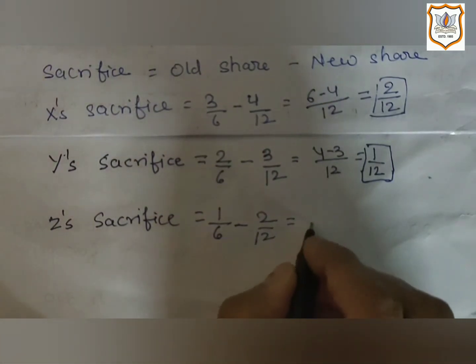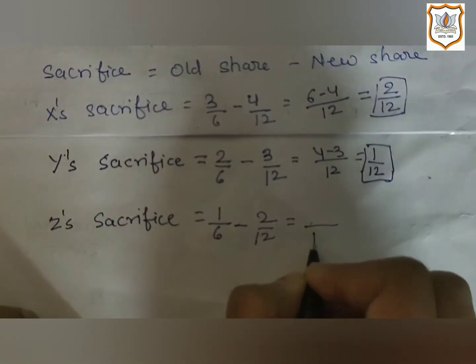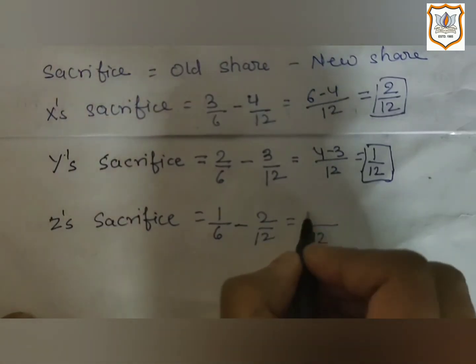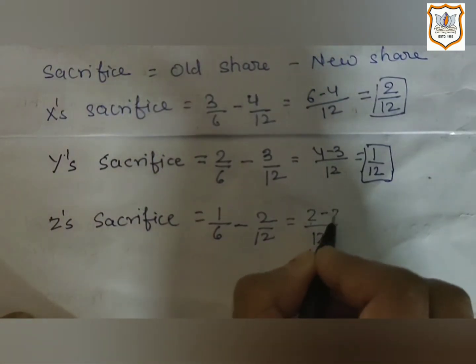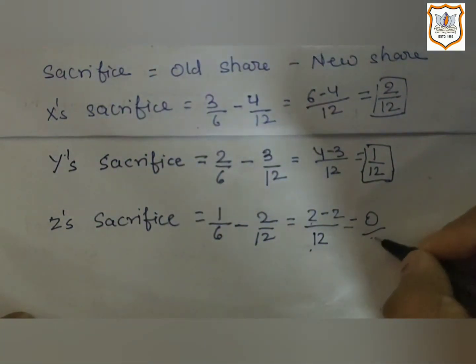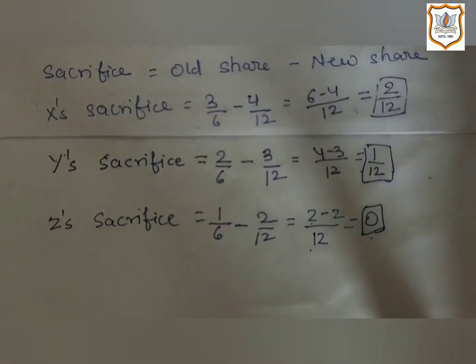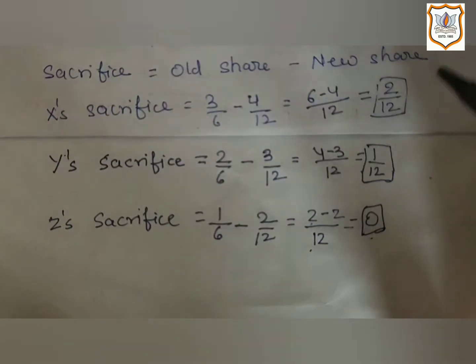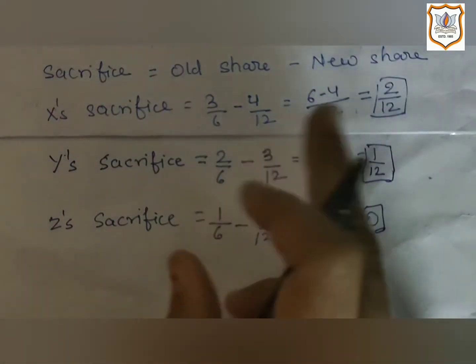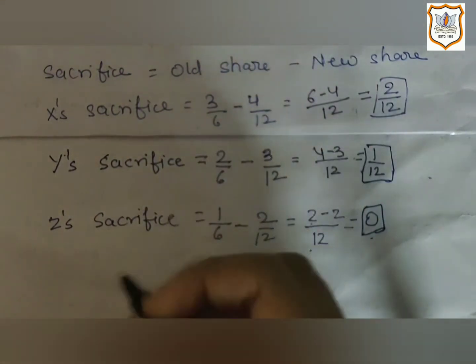If we solve it by taking LCM, 12 here, 2 minus 2, that is 0. So here Z is not sacrificing anything. Here only X and Y are sacrificing. So here the sacrificing ratio of X and Y is 2:1.